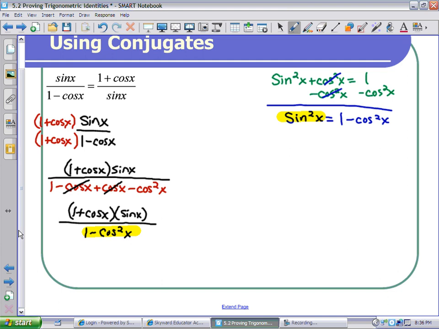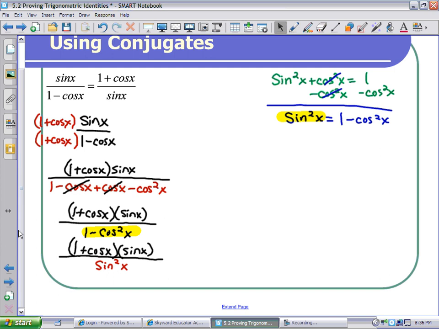So the numerator is going to stay 1 plus cosine x times sine x over, now we're replacing this with sine squared x.